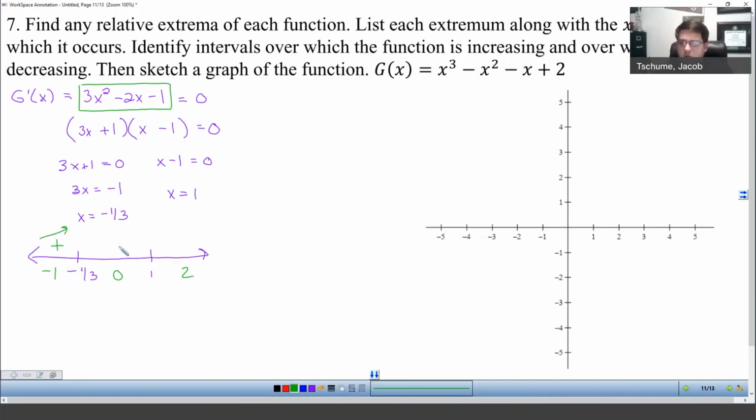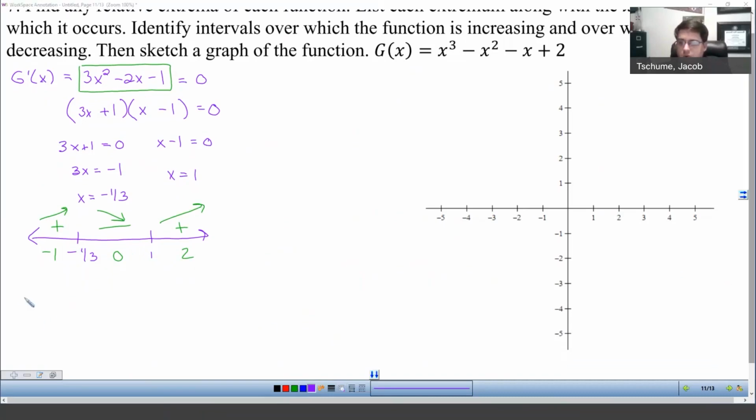If you plug 0 in, that's a little bit easier. That's going to be a negative number, so that means you're decreasing. And if you plug positive 2 in, you should get another positive number, which means you're increasing. And now we can answer all of the questions. So down here at the bottom, I'm going to write my intervals of increasing.